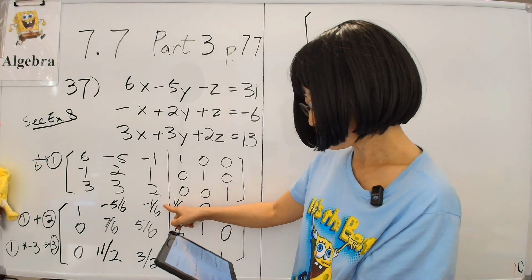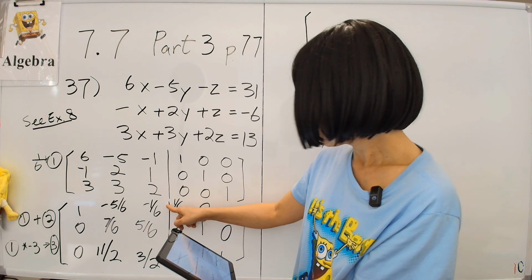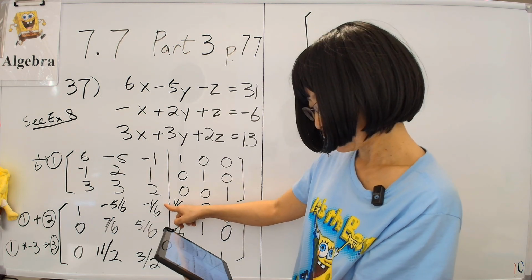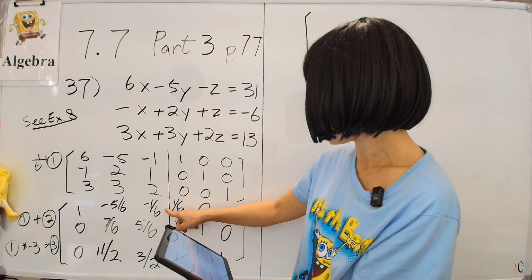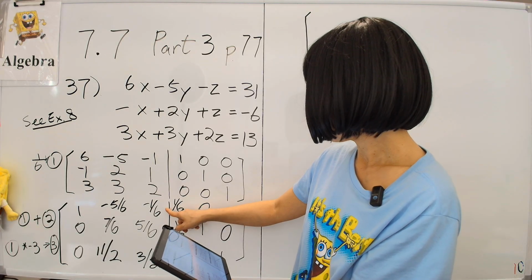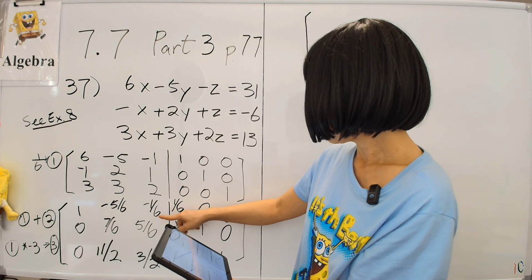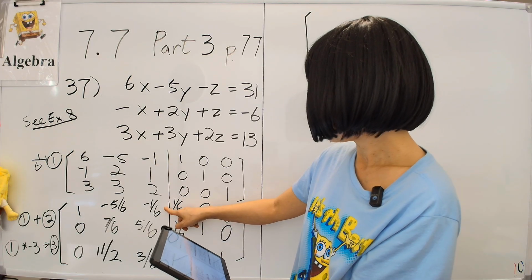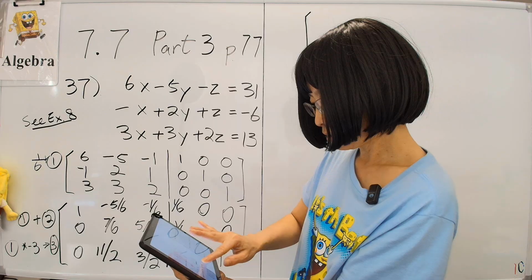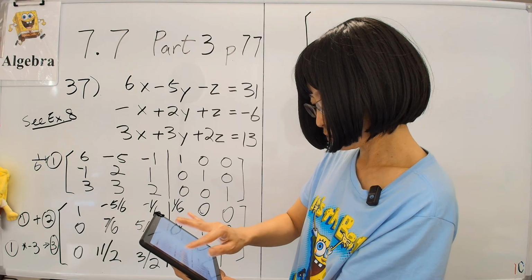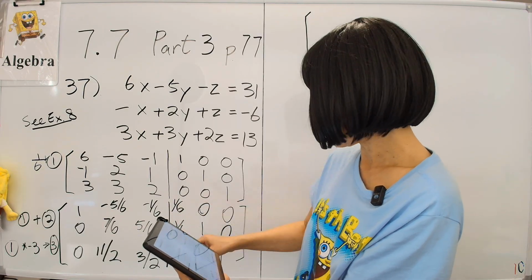It's minus 1 over 6, right? No, it's not minus 1 over 6. It says 1 over 6. So I got this wrong in the beginning. How did I do that? We got this one by dividing this thing by 1 over 6. Did I write this wrong? Oh, never mind, it is minus 1 over 6.